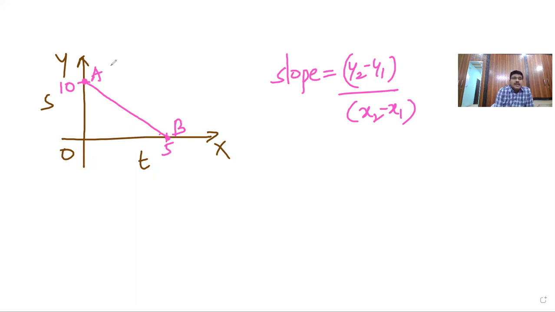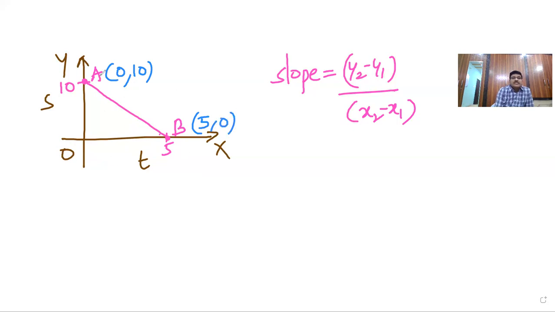Coordinates of A: x coordinate 0, y coordinate 10. What are the coordinates of B? The x coordinate is 5, and the y coordinate is 0.